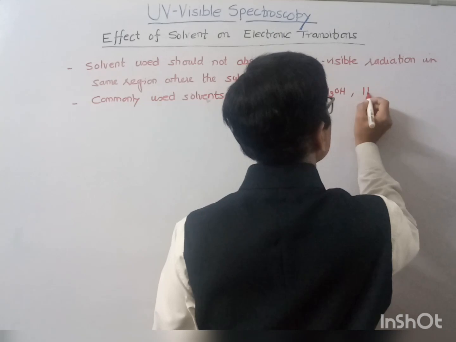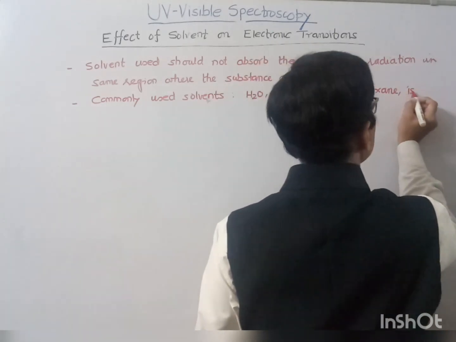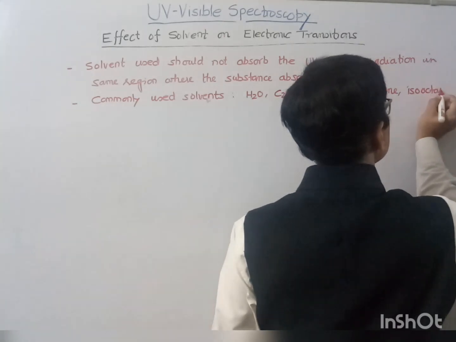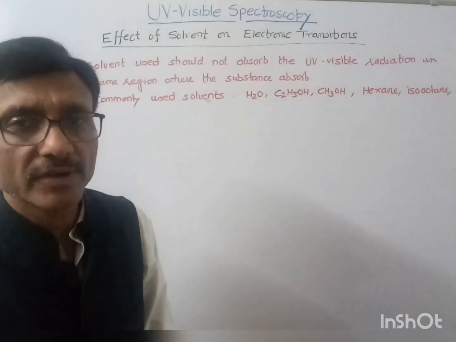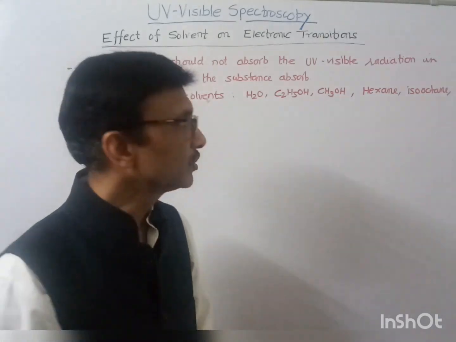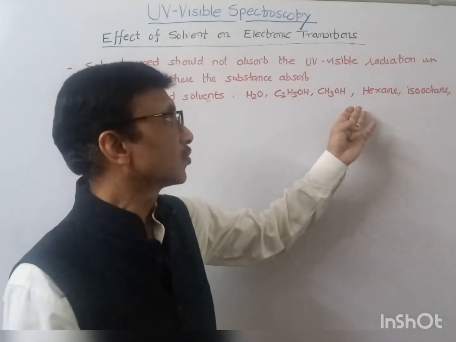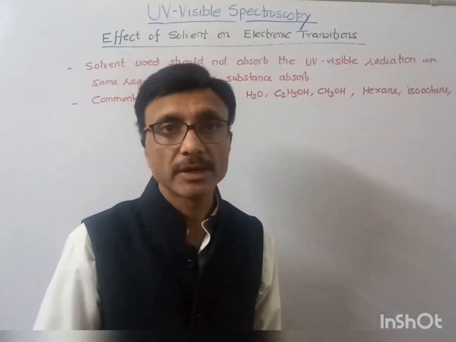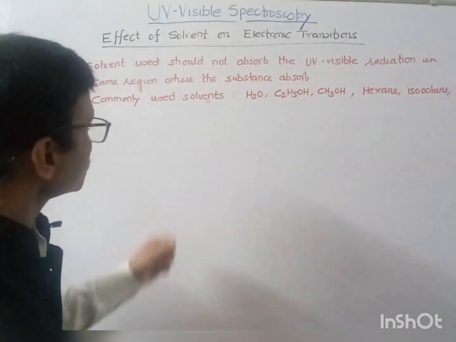Or we may take a non-polar solvent, for example hexane or isooctane. We may also take DMF, acetonitrile, or DMSO, which are polar solvents, whereas hexane and isooctane are non-polar solvents.